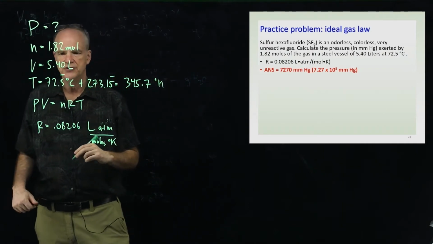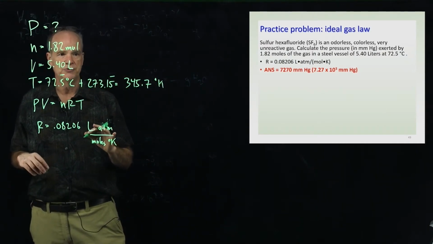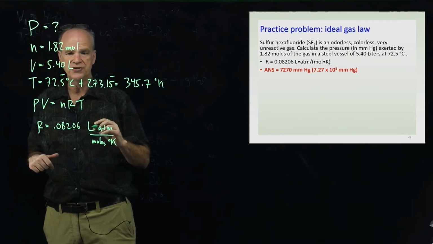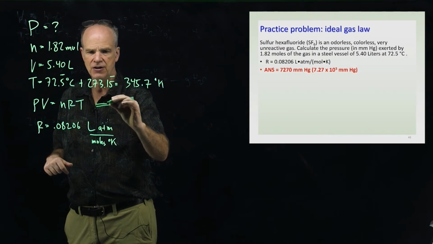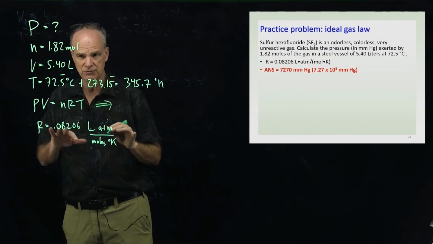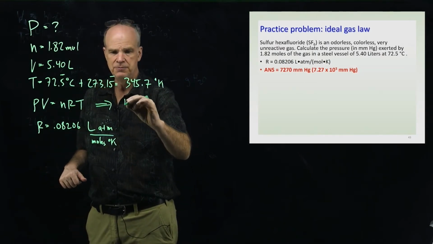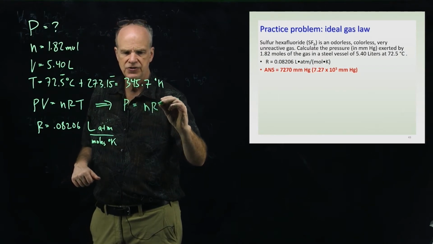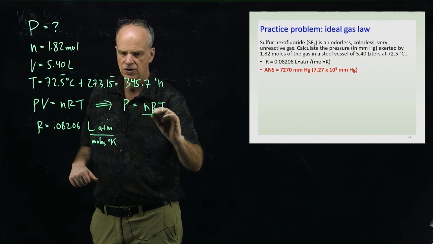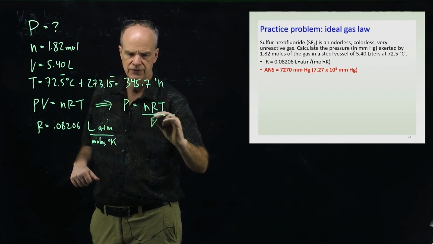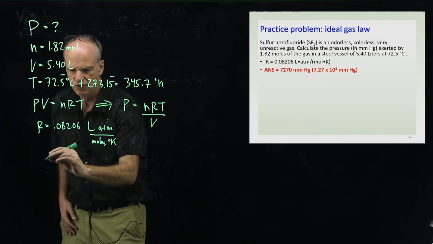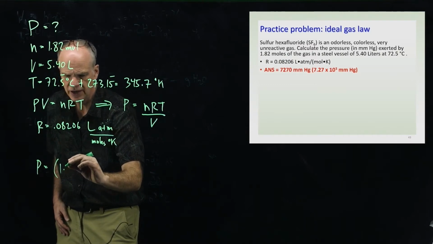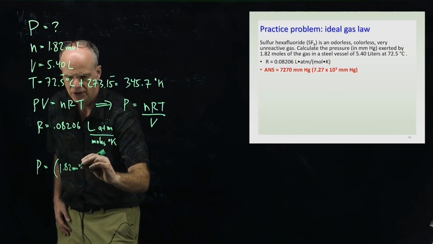Okay, so at this point we can plug this into the ideal gas law. But first, let me solve this for P. You can work it out on your own, but P should be equal to nRT over V. Let me plug in numbers here. n is 1.82 moles.